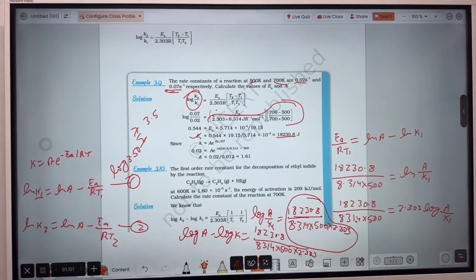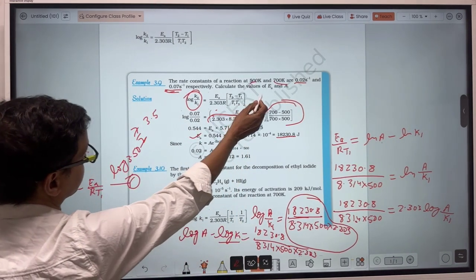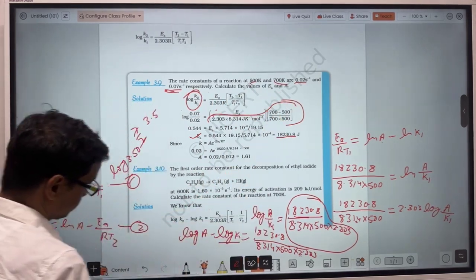That is equal to 4.38 here. And log K here is 0.02.